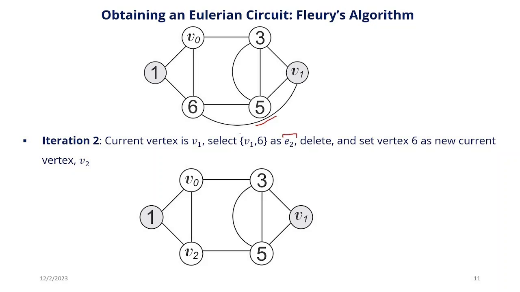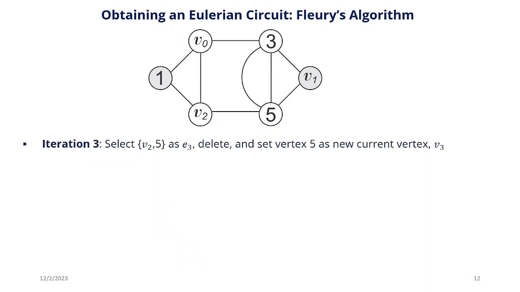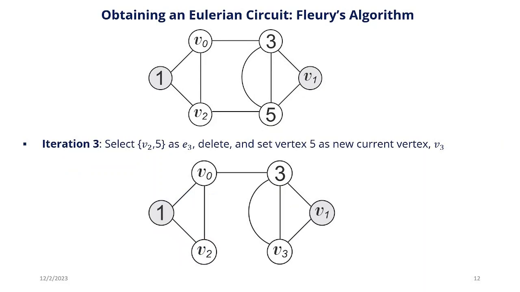Gradually we'll be deleting the edges one by one until we don't have any edges left, and then we'll know that we have obtained an Eulerian circuit. We'll go to the next stage, continuing. We now select edge 65 as E3, and then we delete it and set vertex 5 as the new current vertex V3.